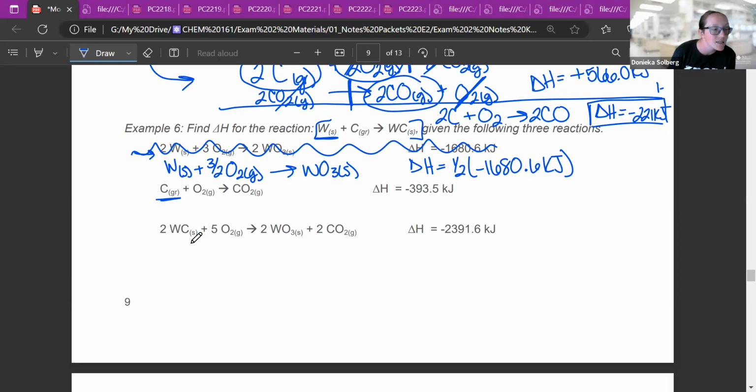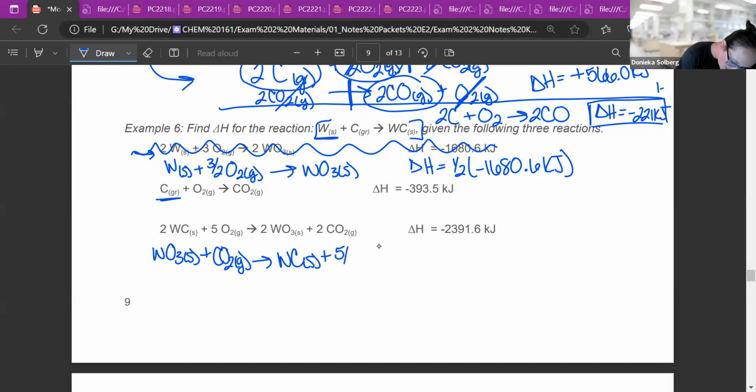Let's see, that only exists here. It should be a product, and it should have a 1 as the coefficient. So I have to flip this one and divide it by 2. So I'm going to do both things at the same time. I'm flipping it and dividing it by 2. So now my reactants are my products. So now it's just 1 WO3 solid plus 1 CO2 gas makes 1 WC solid and 5/2 O2 gas.